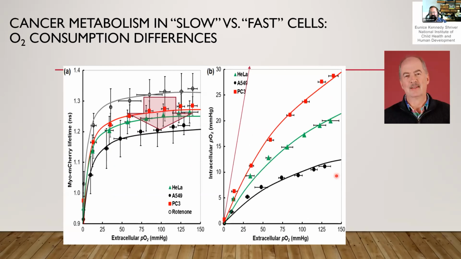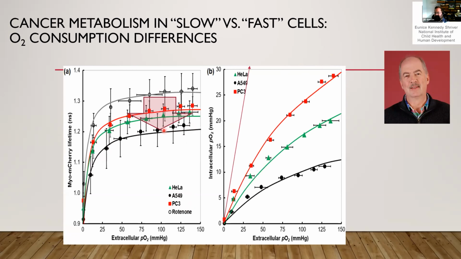So as Suman mentioned, different cancer cells with different metabolic potential and different metastatic potential have different rates of consuming oxygen and of moving around and all sorts of things. So since we could now measure oxygen within the cell, we could correlate that with the level of metastatic potential. So we have very fast growing tumor cells, A549.